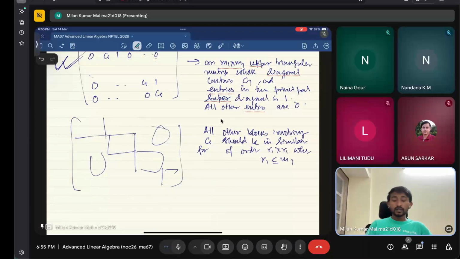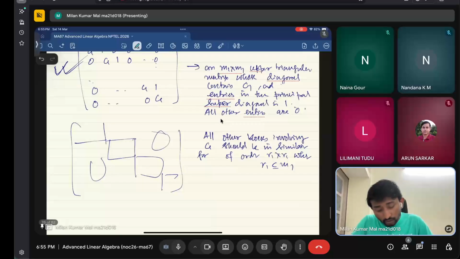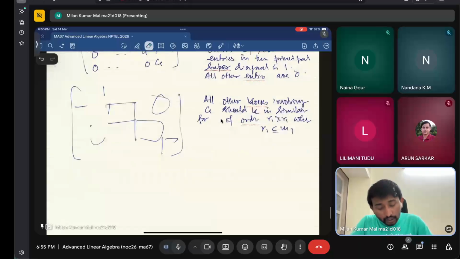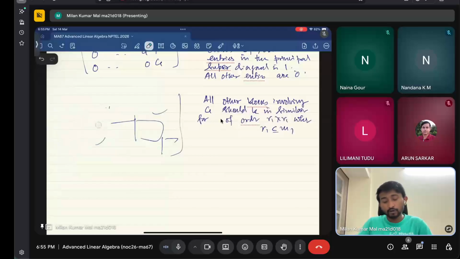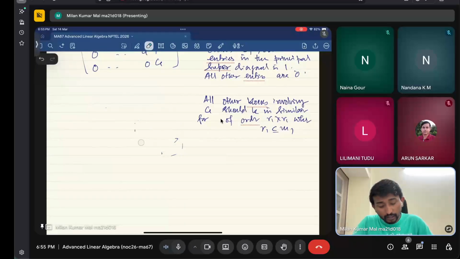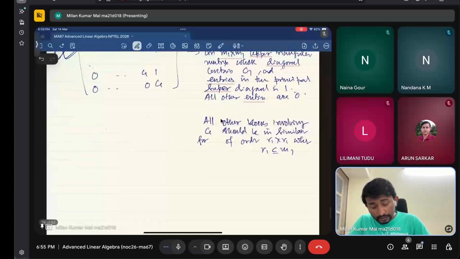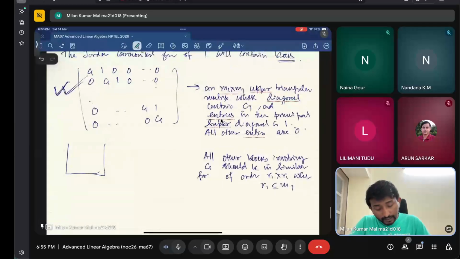So if you want to write a Jordan canonical form for a linear operator T whose characteristic polynomial and minimal polynomial are as I mentioned, first you write a block like this, and do the job for c1.